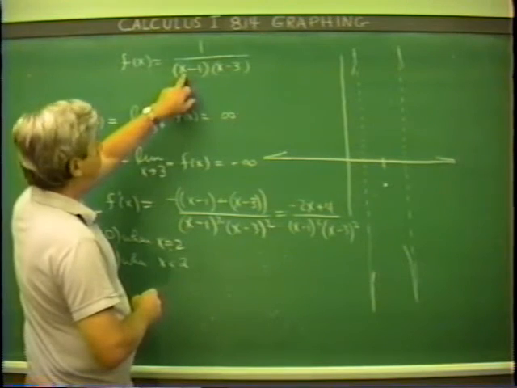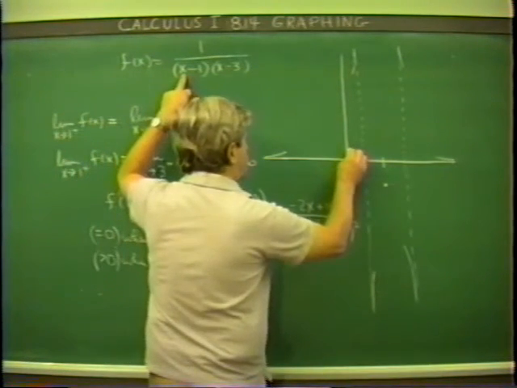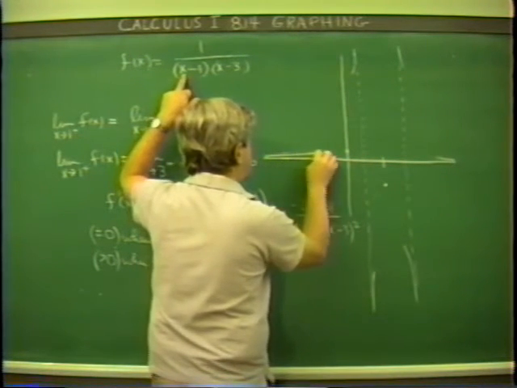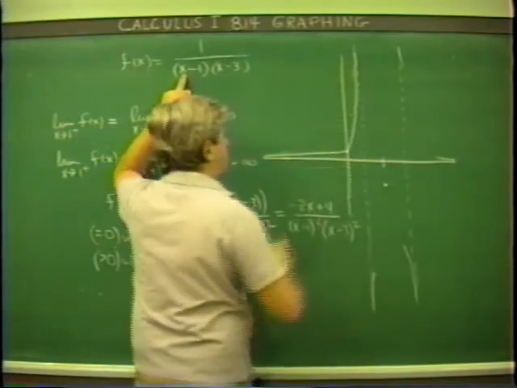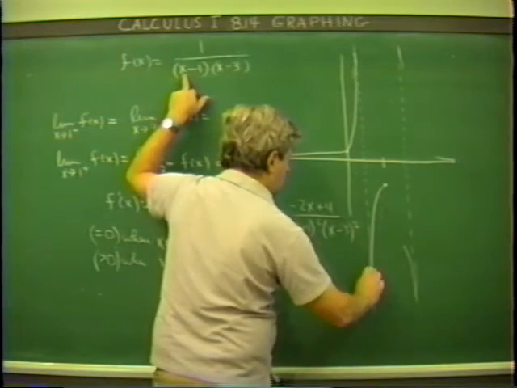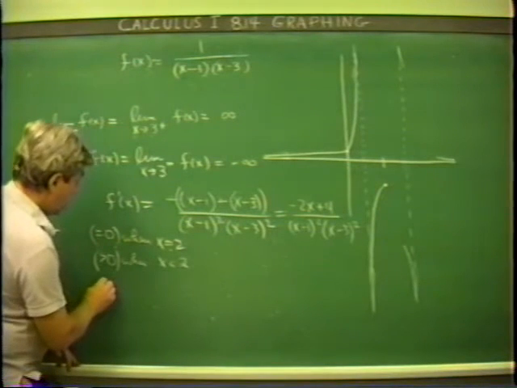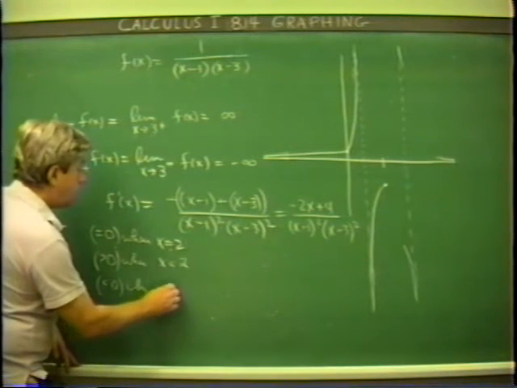Of course, it's not defined when x is 1, but that's what that says, is that this function has to be increasing here and increasing here. Let's plot the point at 0. All right, the value at 0 is a third. So it's like so. And so we can draw this more or less like this. The function is increasing. And like this.